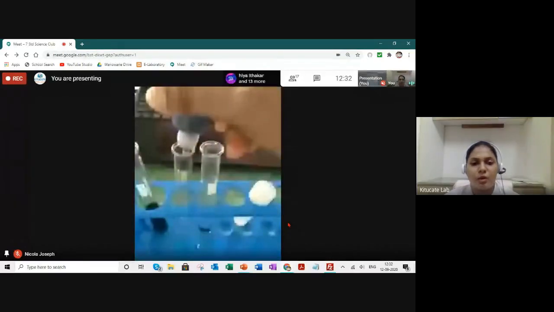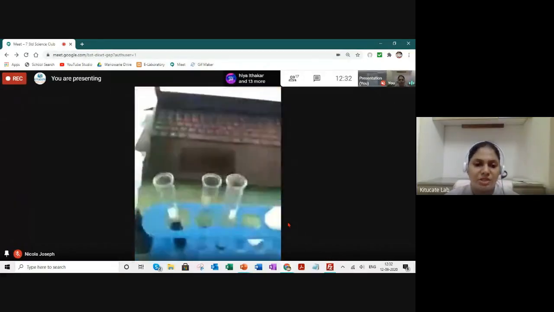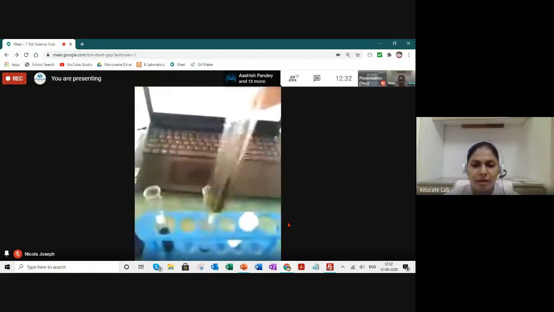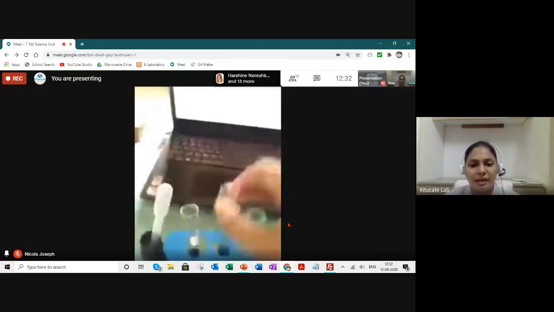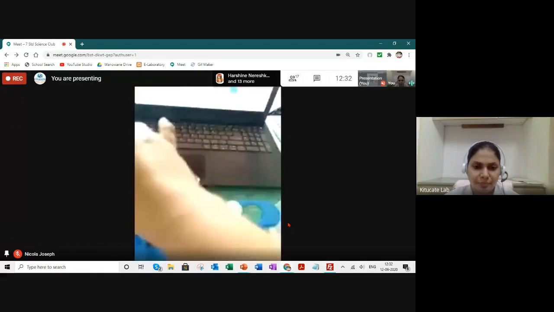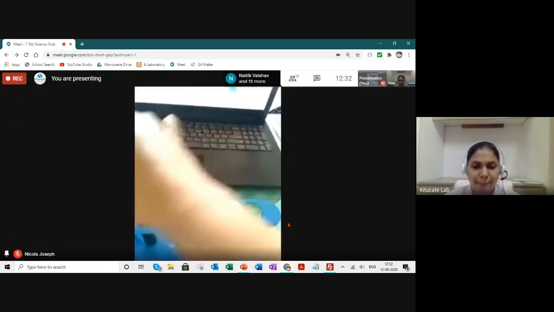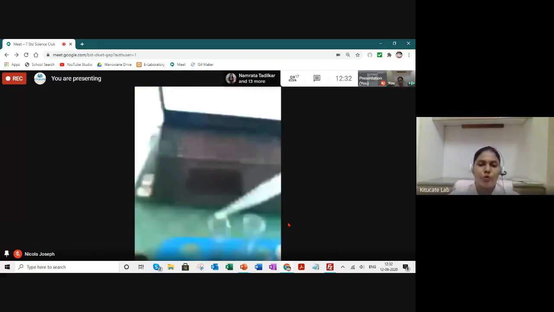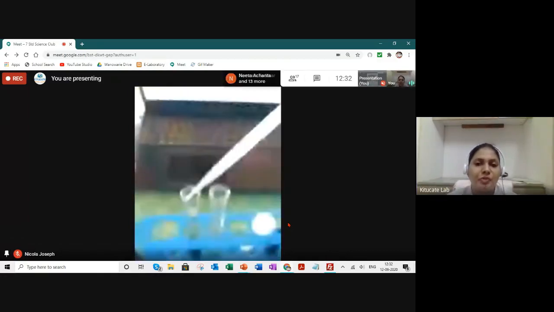Okay, so ma'am has now taken another container where she has filled water and she has added universal indicator again. Now she will add HCl into it and she will add another antacid onto it. Okay. So by this activity, we come to know what is the strength of different antacids which are available in the market.